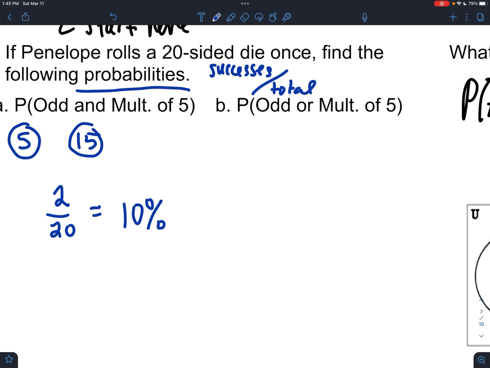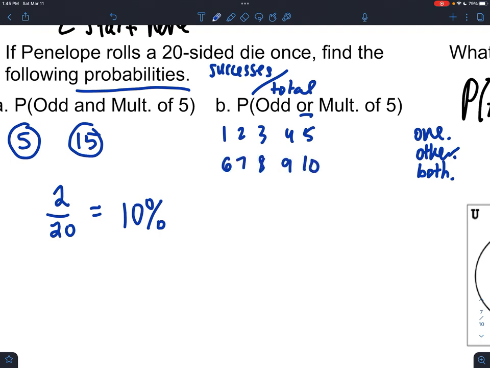Okay? But if we look at or, so and means that both of them have to happen. But or means that one of them can happen, the other can happen, or both. So I'm going to list out all the numbers up to 20. We're going to circle the ones that would be considered a success.